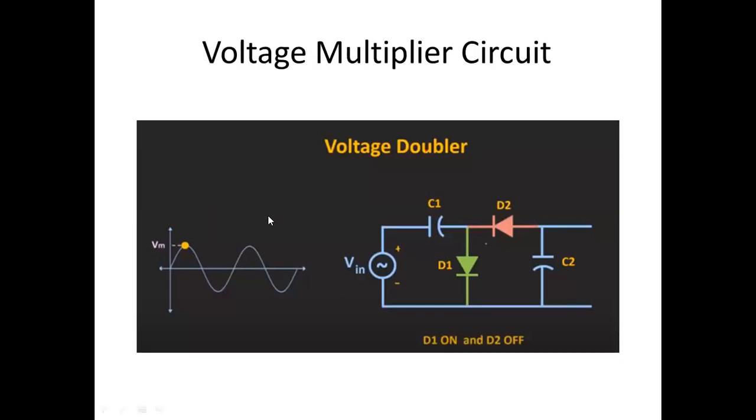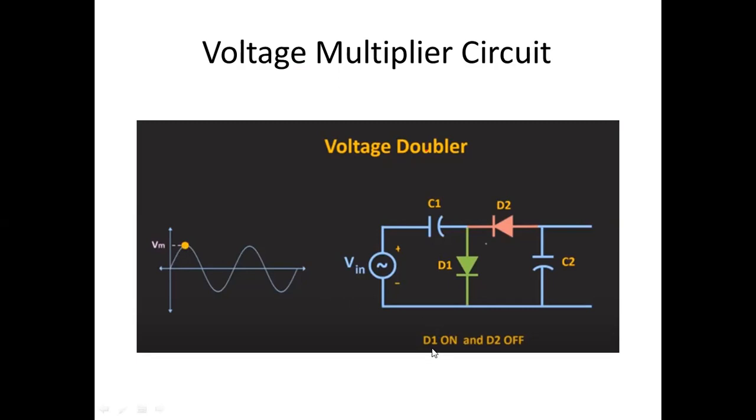So let's discuss it in a similar way: first we will consider the first half cycle, then we will move to the second half cycle, and then we will study what the output will be after completing the full cycle. In the first half cycle, the dot shows that we are talking about this first half cycle.